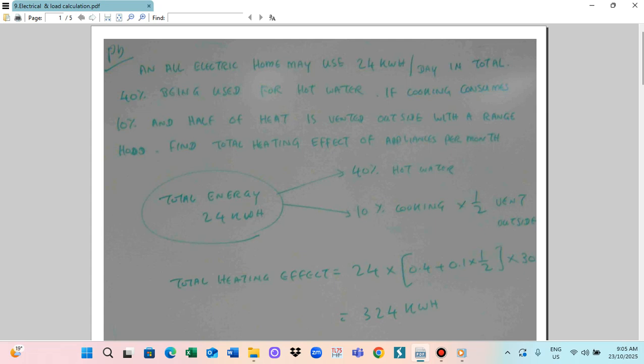And 10% we also utilize for the cooking. So this is what I told you: 10% is cooking. And also this one is an amount of 10%. Heat is vented outside the range. So this is a part of the heat that is vented outside.